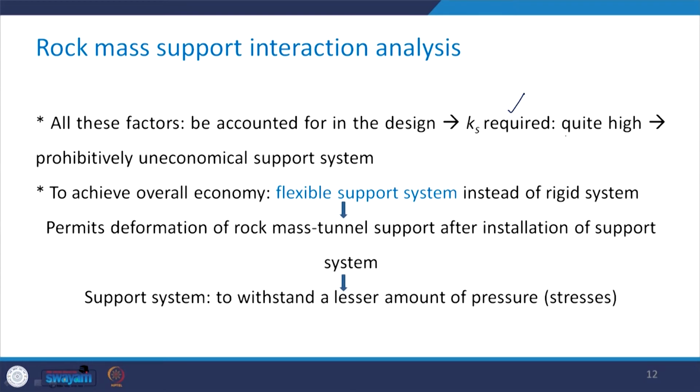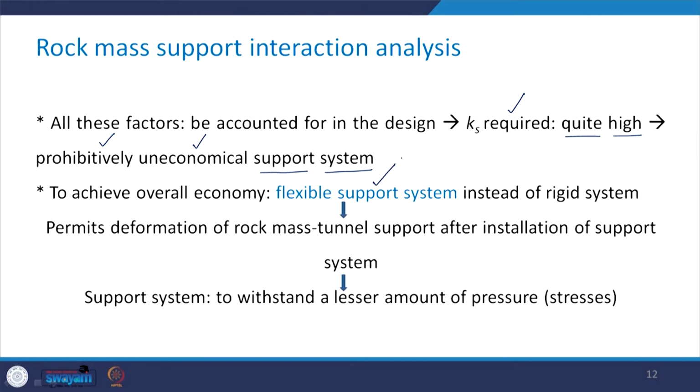Now, as I mentioned, if this radial deformation is to be completely arrested, then the required stiffness of the support system is going to be extremely high, and this would result in a prohibitively uneconomical support system. In order to achieve overall economy, one needs to go for a flexible support system instead of a rigid system.